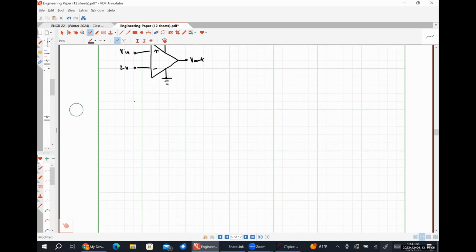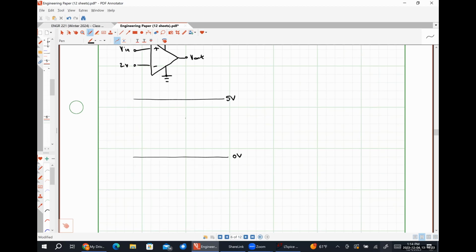Okay. So this is going to be my VCC plus rail. So this one's going to be at 5 volts. This one's going to be at 0 volts, or ground. I'm going to put my op amp here in the middle.